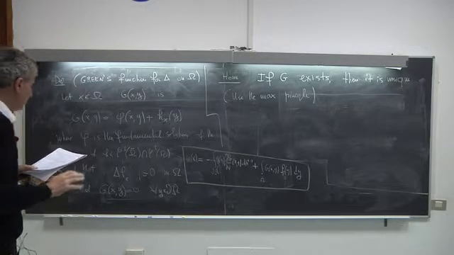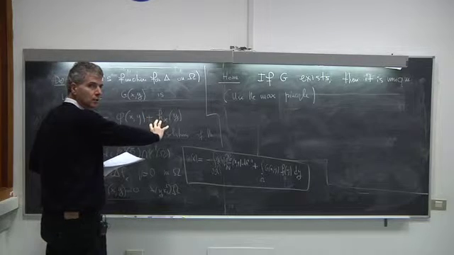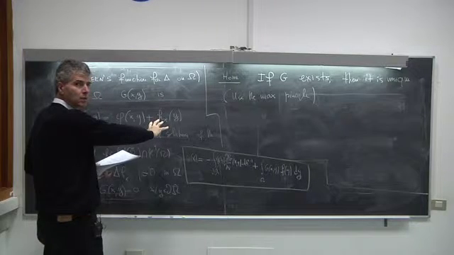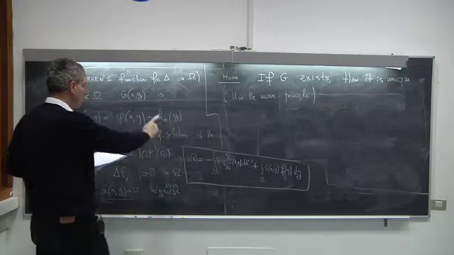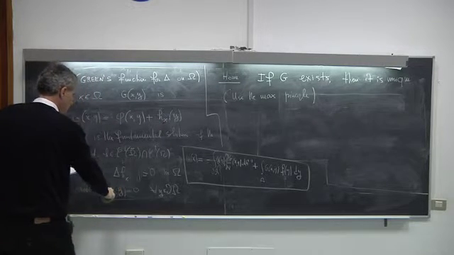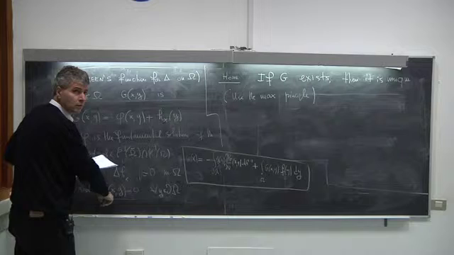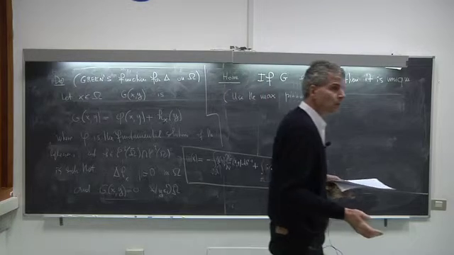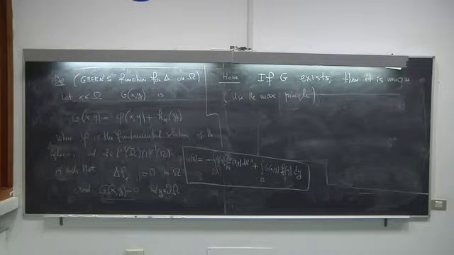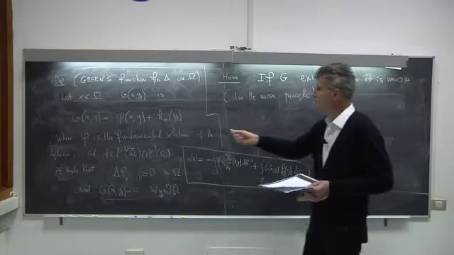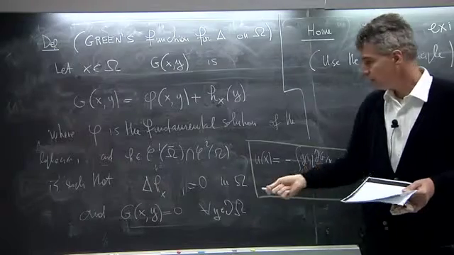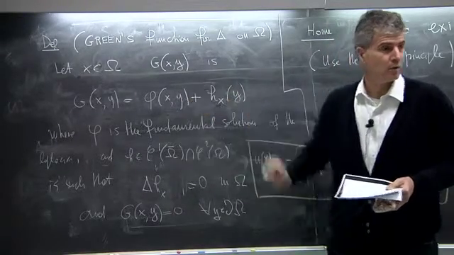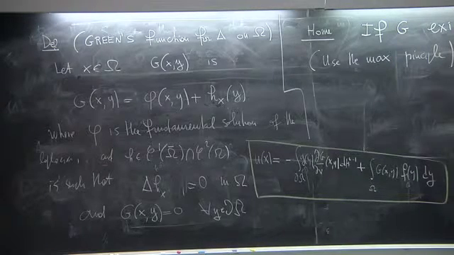Because you have to show essentially that this h is unique. But this h satisfies a PDE because it is harmonic, and on the boundary it has a suitable Φ. So this is almost immediate, right? h is unique because the Laplace of h is equal to 0, and on the boundary this plus this is equal to 0, and therefore this on the boundary is minus this. This is the proof. Okay.